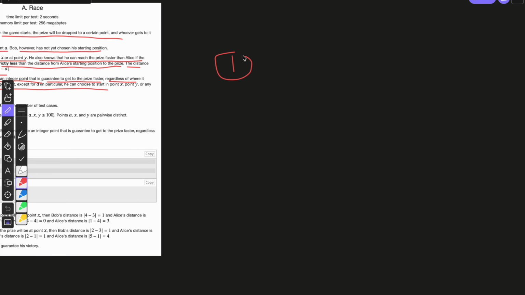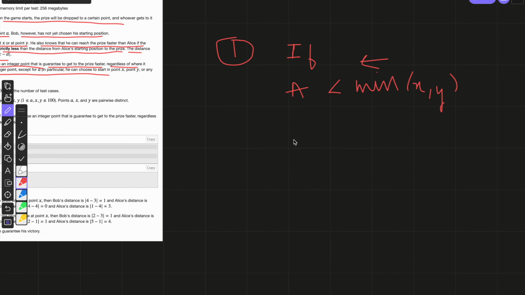First thing is, if Alice's position is less than the minimum of x or y, that is to the left of both x and y, or Alice's position is greater than the maximum of x and y, that is to the right side of both x and y, then we will output yes.